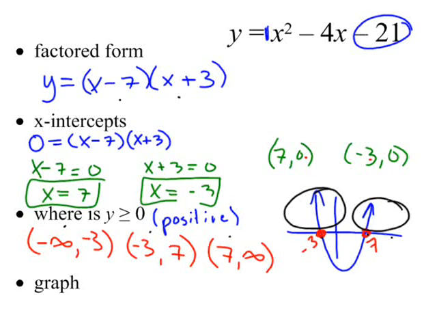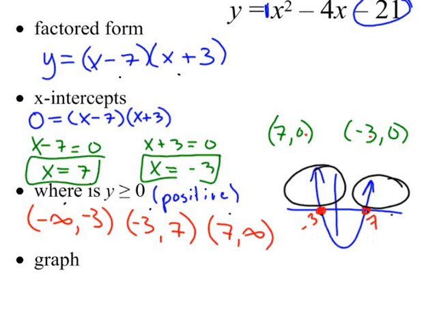Again, we're just learning this, so just take our time with it. So I pick a number in the first interval, say -10. If I put -10 in here, I end up with -17 and -7, and if I multiply two negatives together, I end up with a positive number. So I know that on that interval, y is positive.